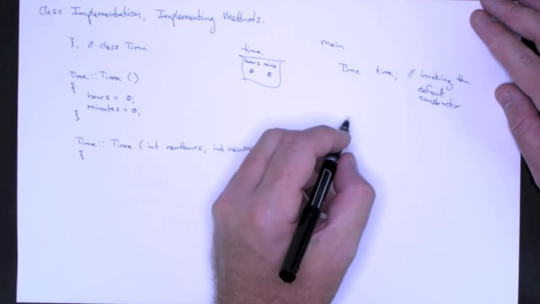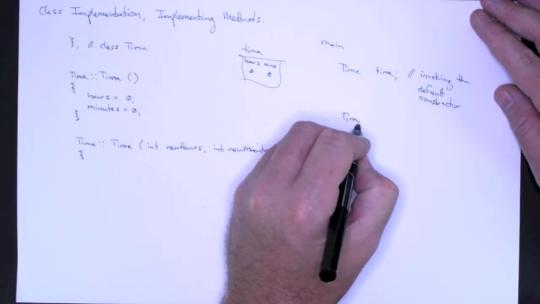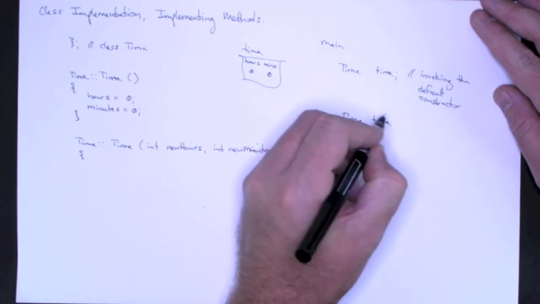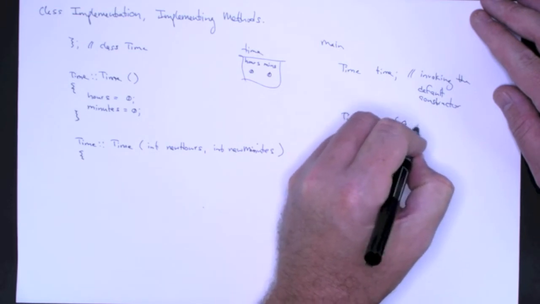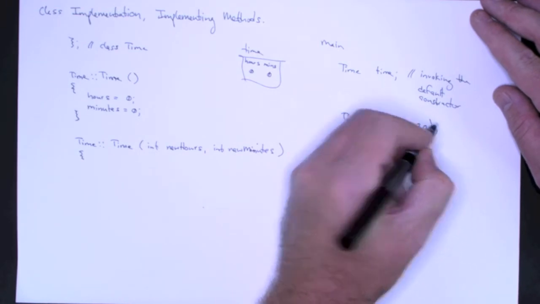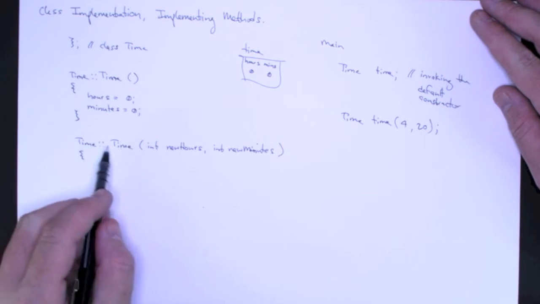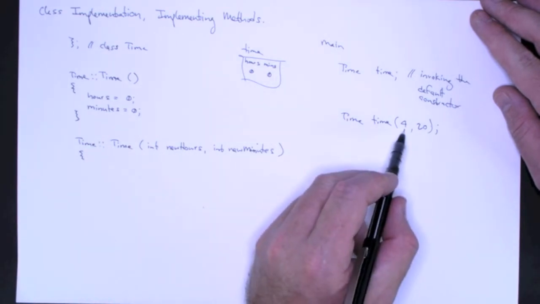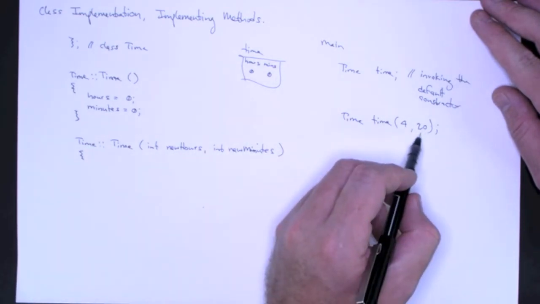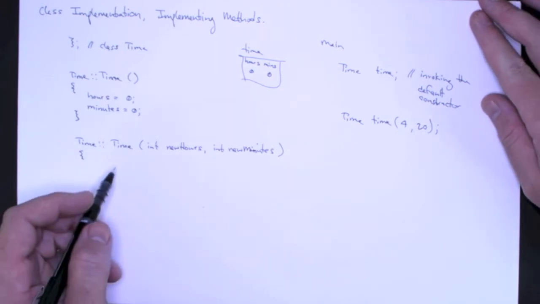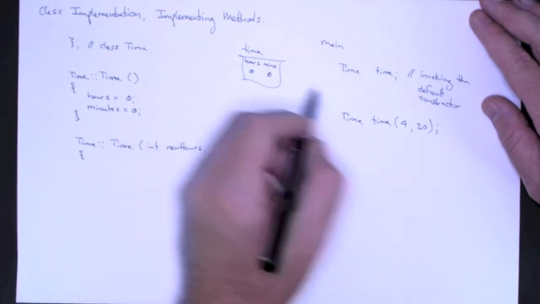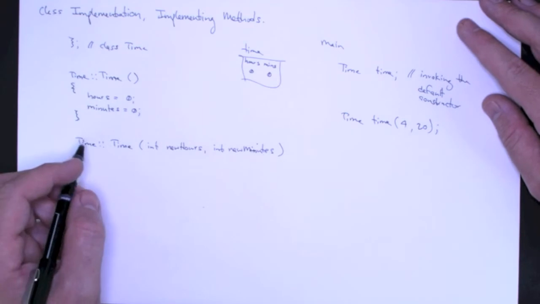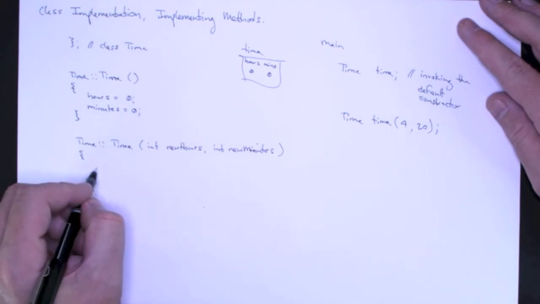In this case, we get to specifically provide a time. And what should happen here is 4 is being passed in as the new hours and 20 is being passed as the new minutes, and we want those to wind up being set to the private data members.